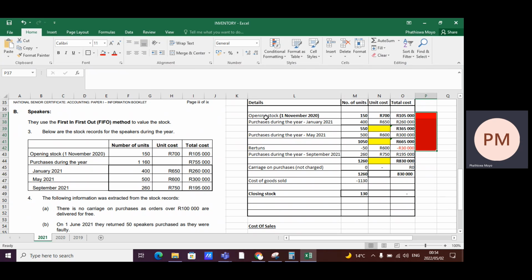It means this inventory, because we're gonna take the first inventory that was purchased, and it's the one that we're gonna sell, anytime we get a purchase.